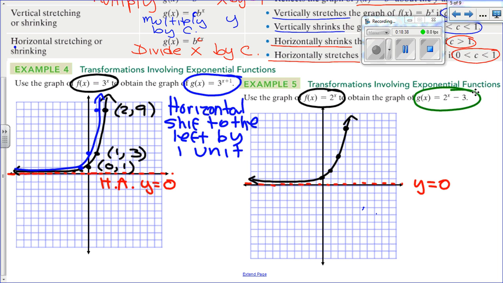And let me go ahead and write down some reference points. So we have the point 0, 1, 1, 2, 2, 4, and 3, 8.